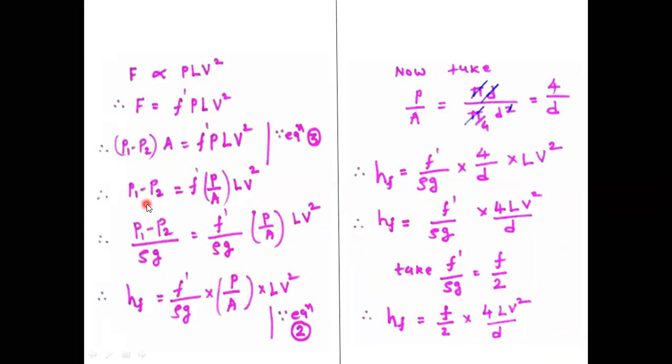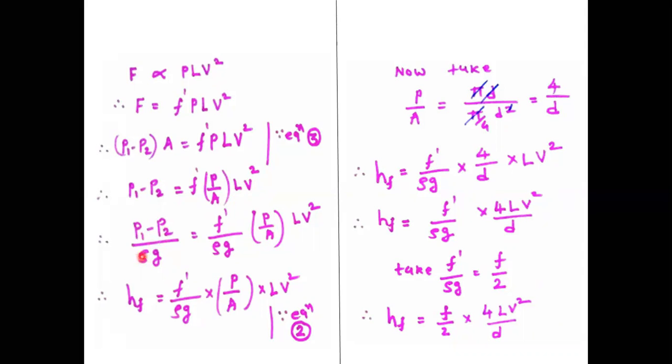So P1 minus P2 is equal to F dash as it is, P divided by this cross section area A, L V square. Now divide by rho g on both sides. So P1 minus P2 divided by rho g, and F dash divided by rho g, P by A L V square as it is.